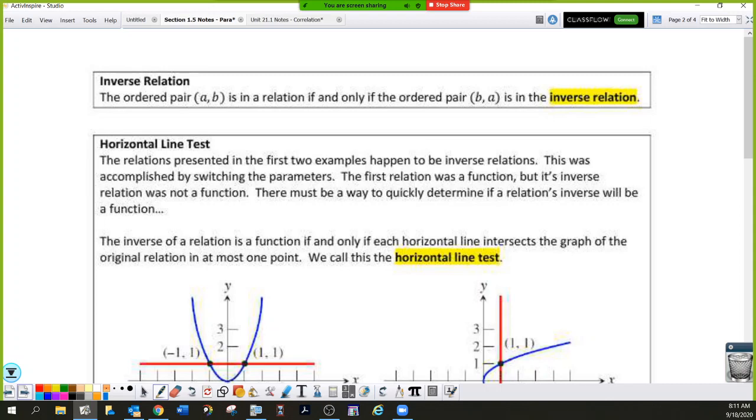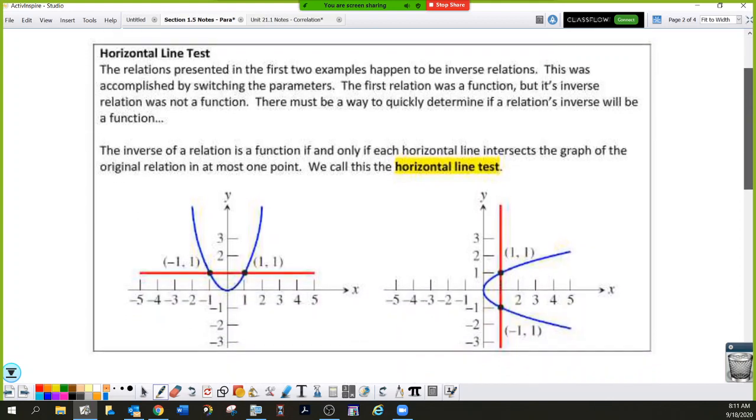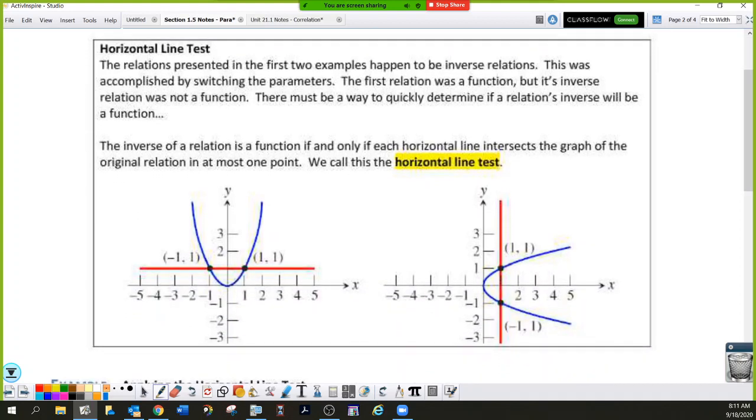Normal speak, switch x and y to find inverses. Ta-da! And yes, Kai, it does have the net result of turning a graph on its side, basically. That's what it does. Because it's a reflection over the line y equals x. And it's exactly what you're doing. You are switching the domain and range when you do that as well, because every x has become a y, every y has become an x.